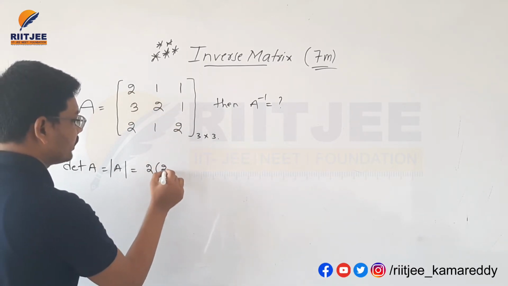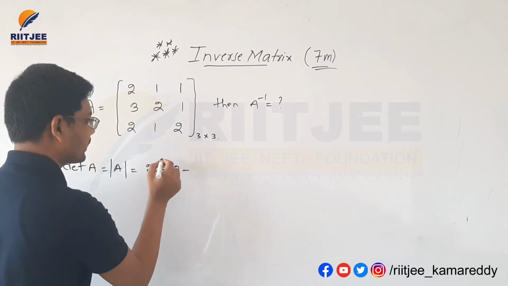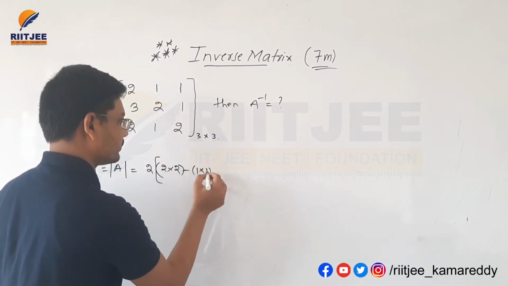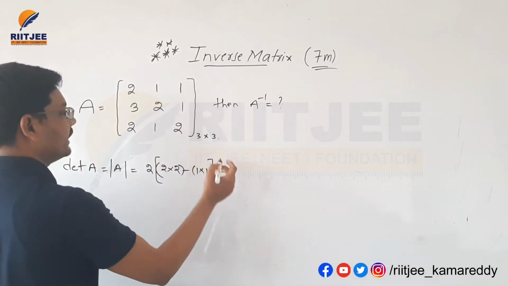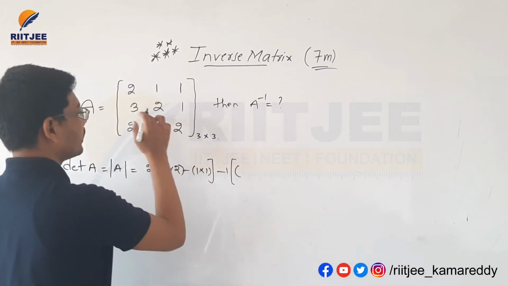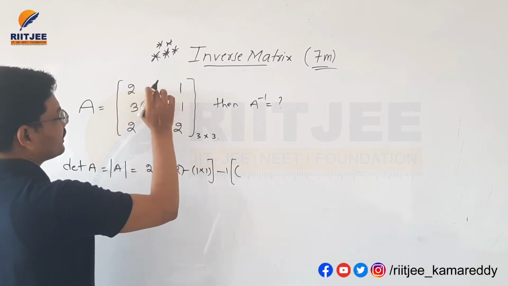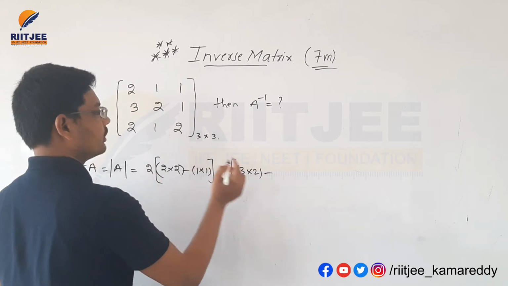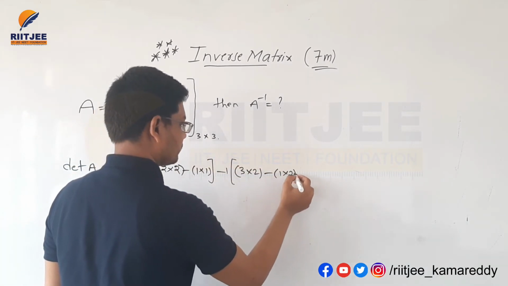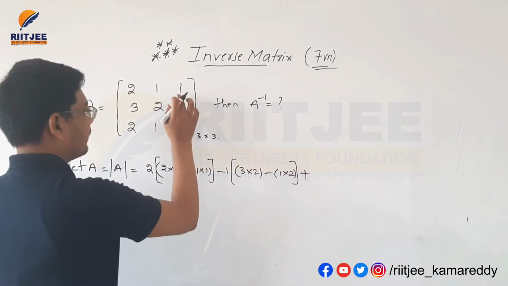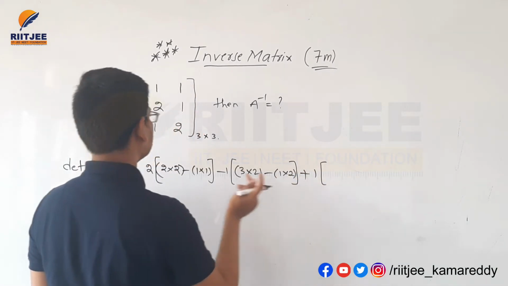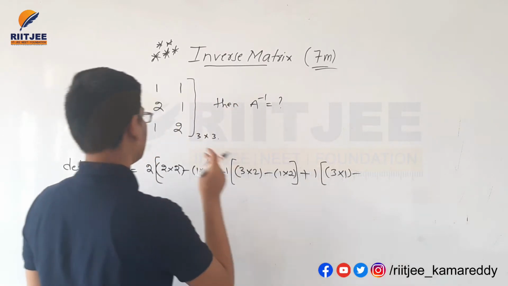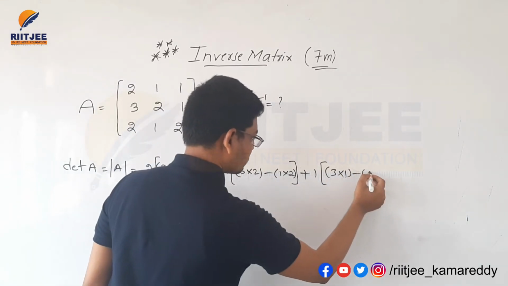to the 2 into 2 minus of 1 into 1, minus of 1 into, I am eliminating this row and this column here, 3 into 2 minus 1 into 2, plus finally 1 into 3 into 3 minus 2 into 2.